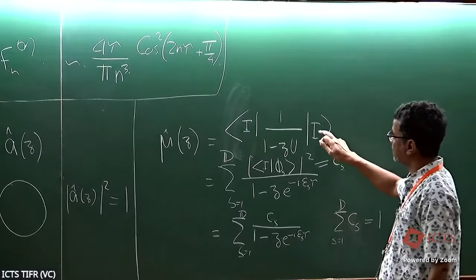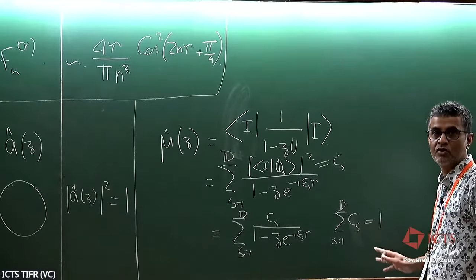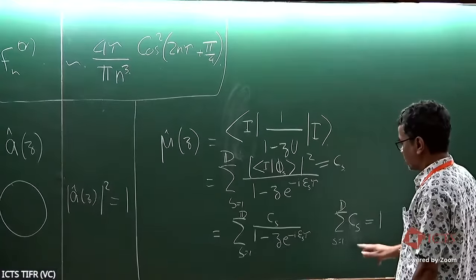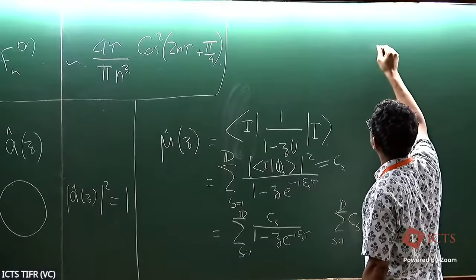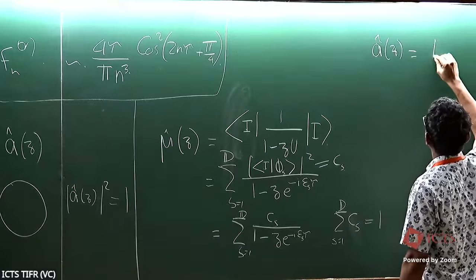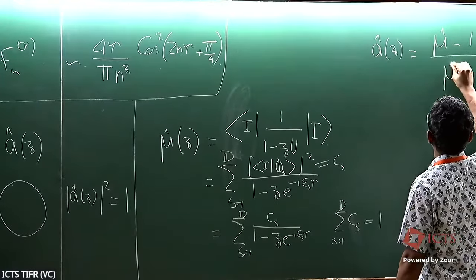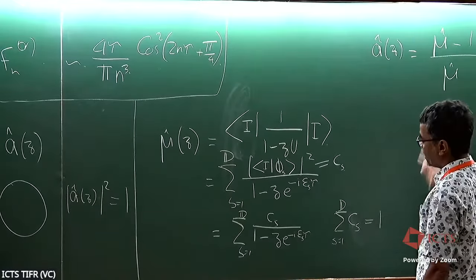If instead we had I and F, then this would be 0. So it's a bit different, and we'll stick with I and I. Now, what is A hat is mu. So let's look at mu minus 1.